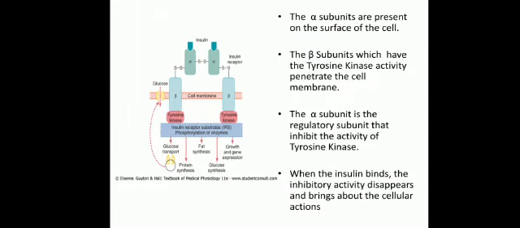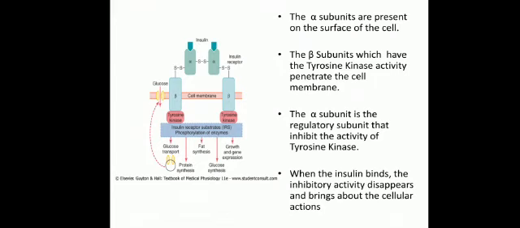So let's go to the next slide, slide number 8. If you look at this picture, you can see very clearly the insulin receptor has 2 kinds of subunits. The alpha subunit is present on the surface of the cell, and the 2 beta subunits are inserted into the cell, penetrating the cell membrane.